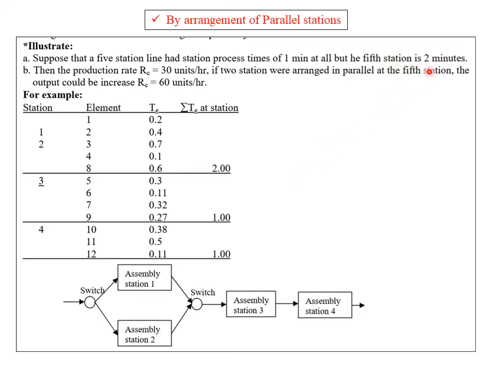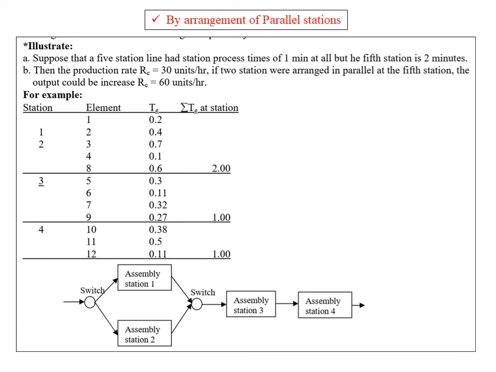So here we have taken 4 stations, 1, 2, 3 and 4. Then the fifth station is of 2 minutes. That means we have combined assembly stations 1 and 2, which becomes a kind of fifth station. So initially the production rate is this one, and now the production rate is this one after having the parallel station. So use it to improve the line balance.